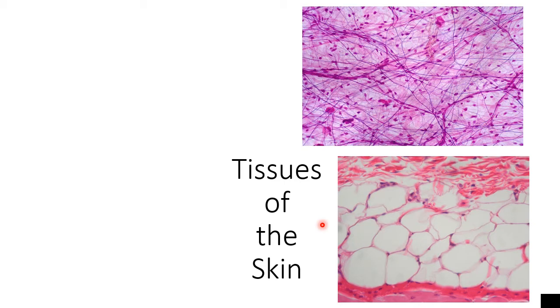Let's go up to the region known as the papillary layer of the dermis. This is the upper part of the dermis that forms things called papillae that look like fingers reaching up toward the epidermis. The papillary layer of the dermis is made of a type of tissue known as areolar loose connective tissue.